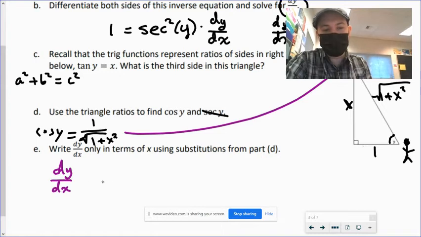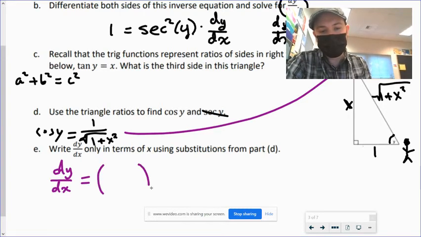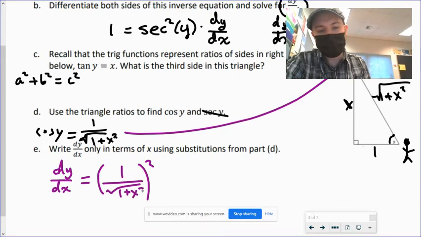It means that dy dx is equal to the cosine of y squared, so it's equal to that value squared. So I have 1 over the square root of 1 plus x squared, quantity squared. It's nice that we're squaring it because the square root goes away and I get 1 over 1 plus x squared.